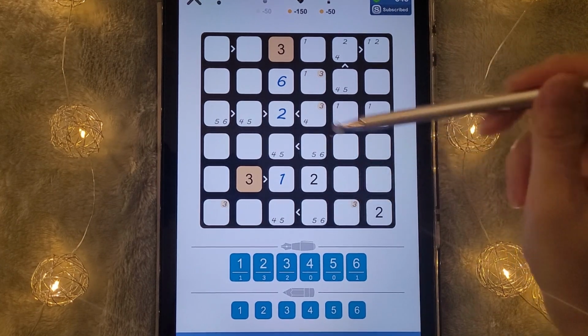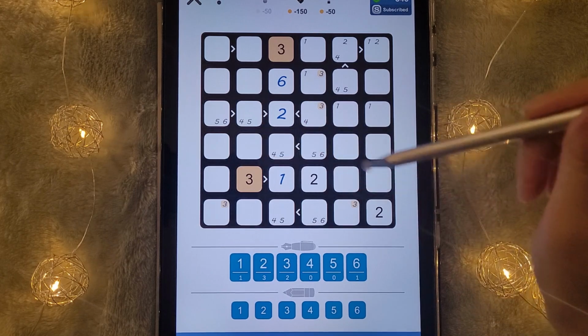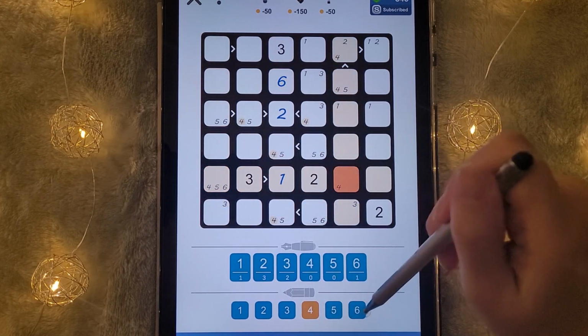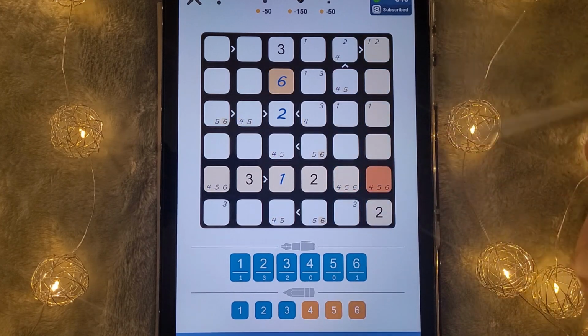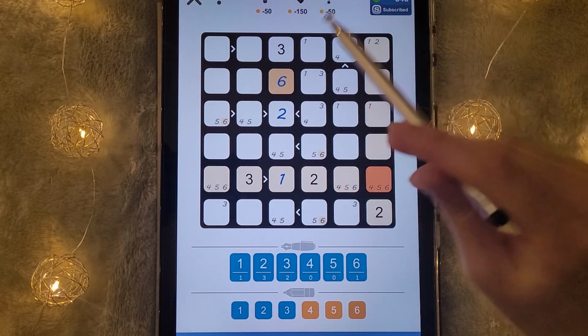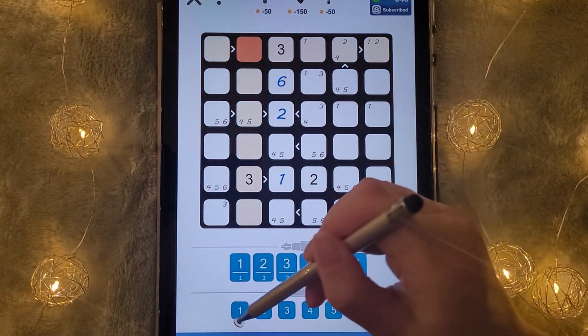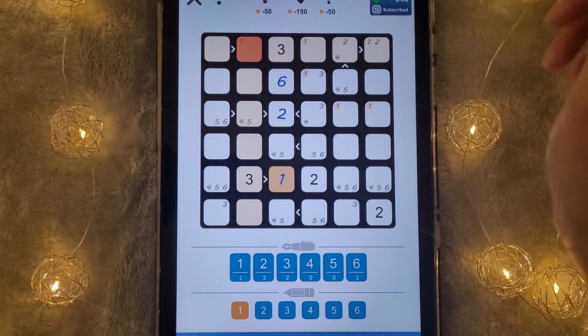And then because I'm getting a little bit stuck, I am going to start filling in the pencil markings for more cells that have more than just 2. So up here, the 1s can go here, here, or here.